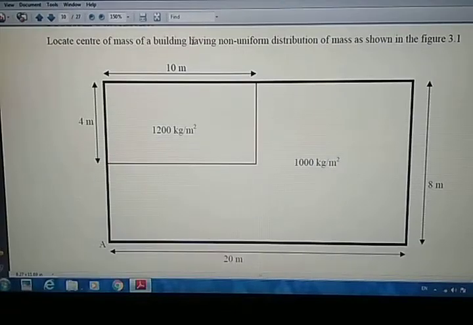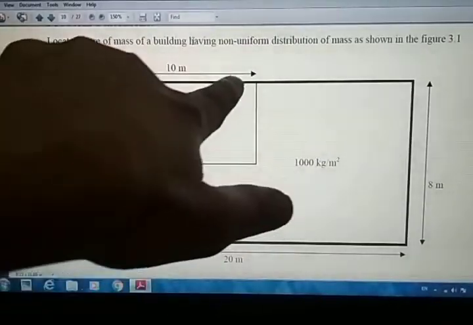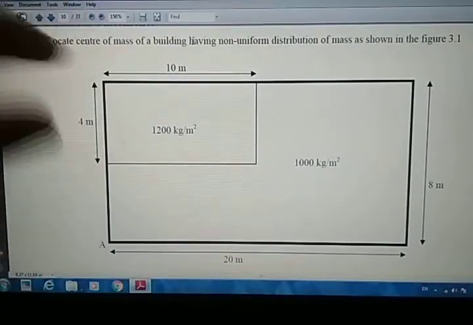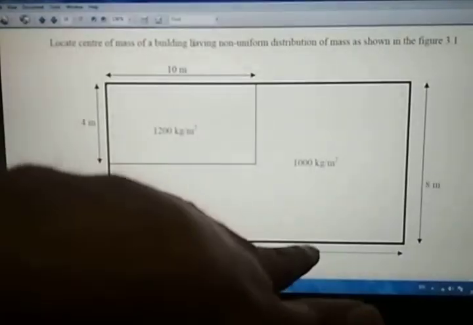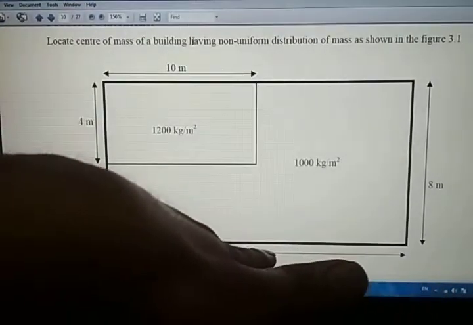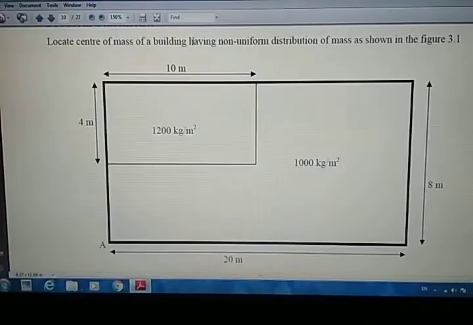So this is a rectangular portion, and in this rectangular portion another rectangular portion is present here, having 10 meter length and 4 meter depth. Overall, the whole rectangular section has dimensions of 20 meter along the x axis and 8 meter along the y axis.